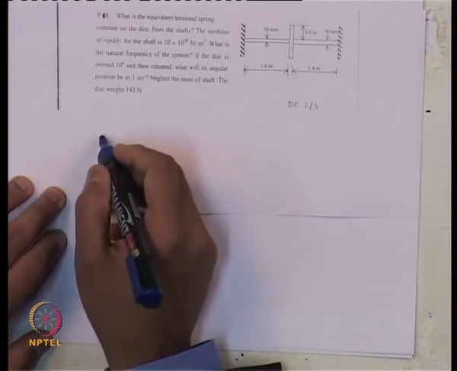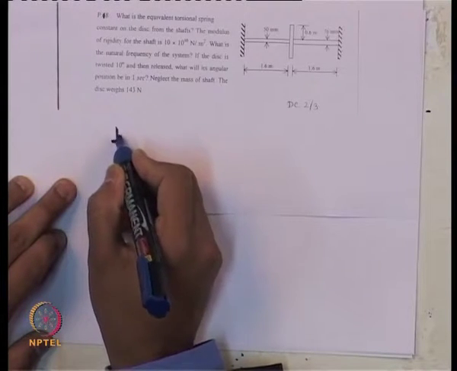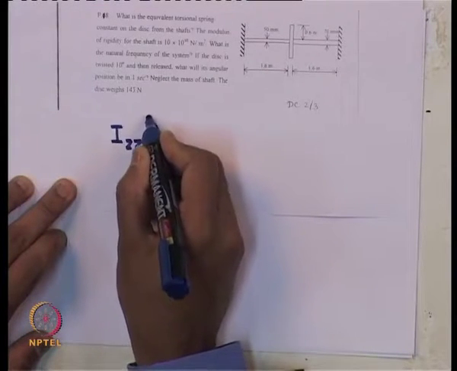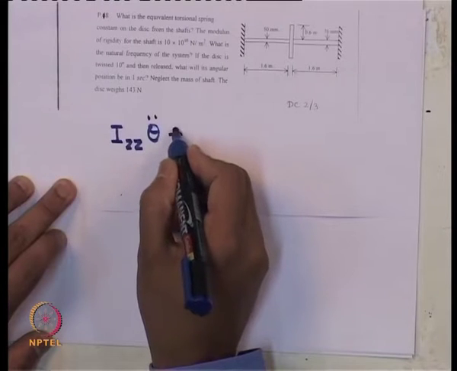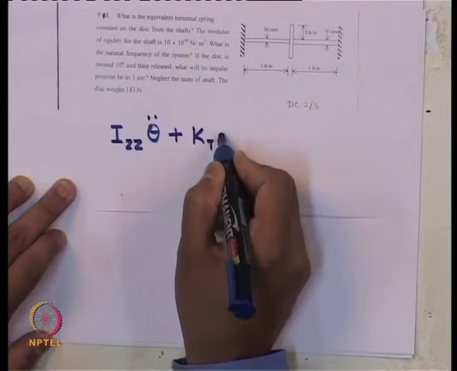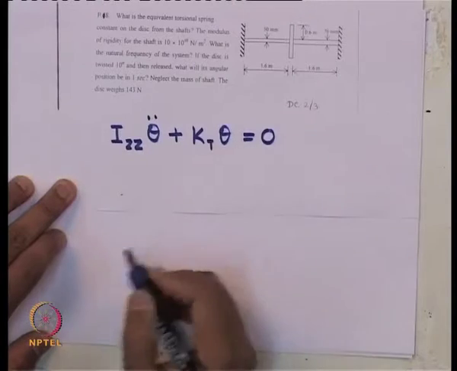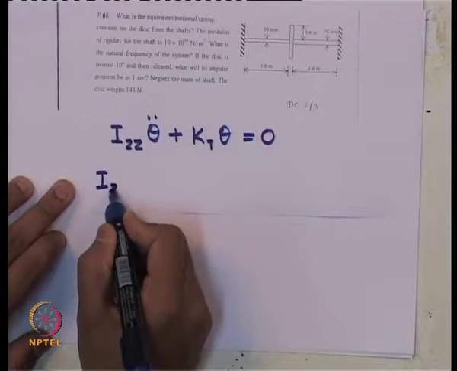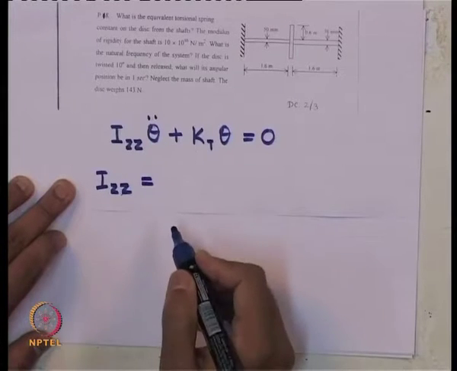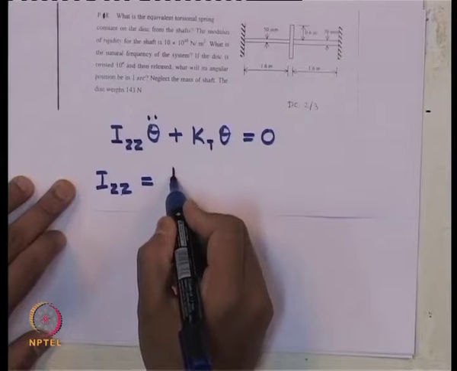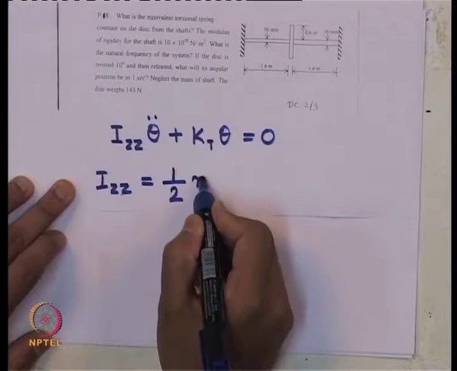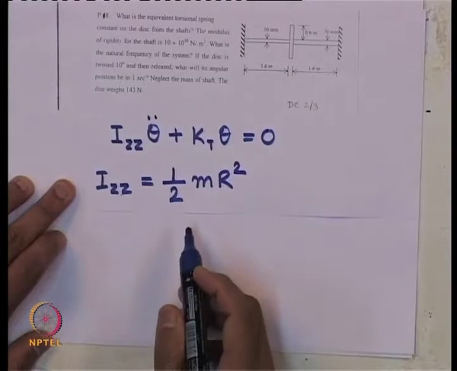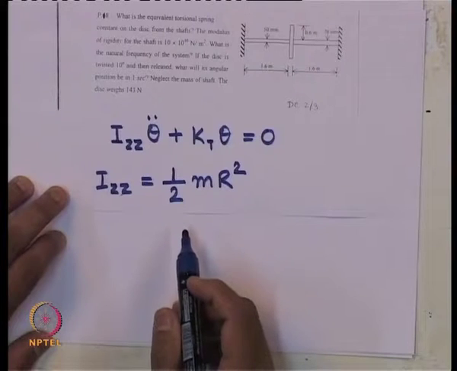In this case, the equation of motion, as we have learned just now, is I_zz theta double dot plus k_t theta equals 0. This is the equation of motion. Now, how much is I_zz for a circular disc? That is half m r square, the mass moment of inertia of a circular disc.